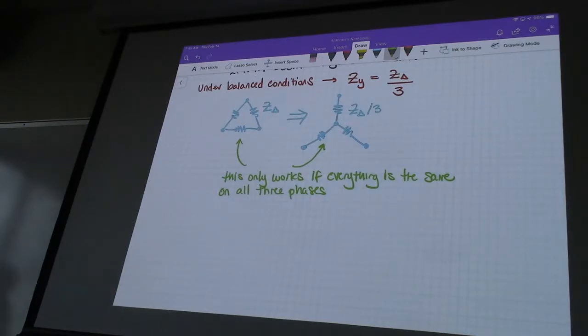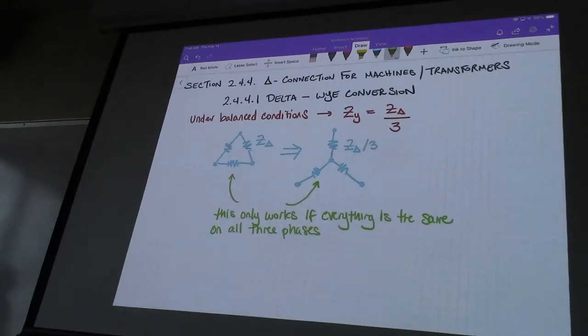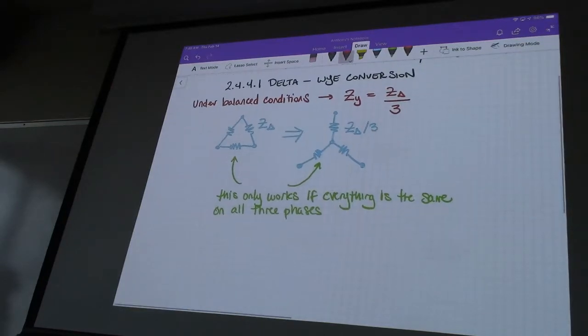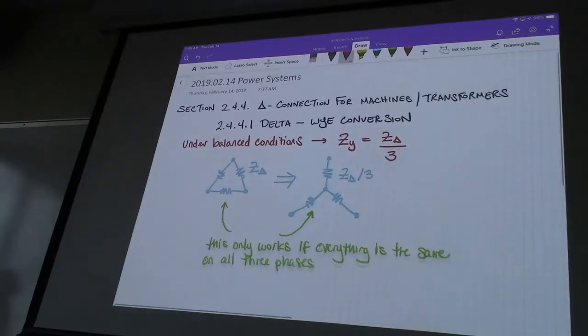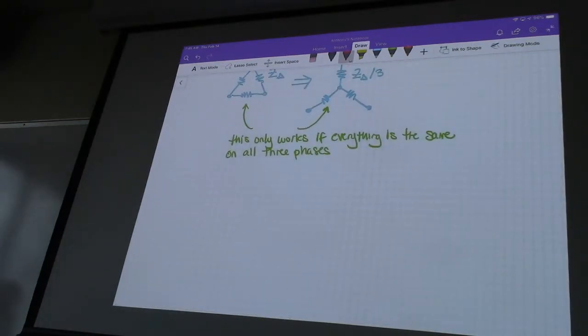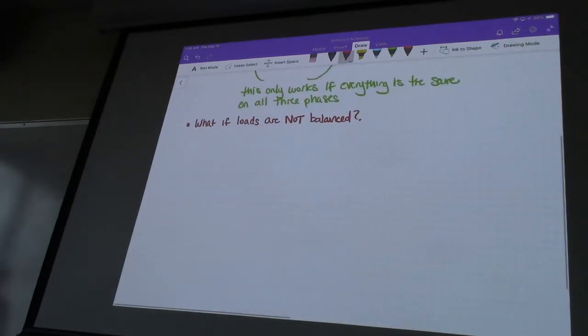Now, there are different expressions that we can use if it's unbalanced. So if the loads are not balanced, then we have a slightly more complicated looking version.